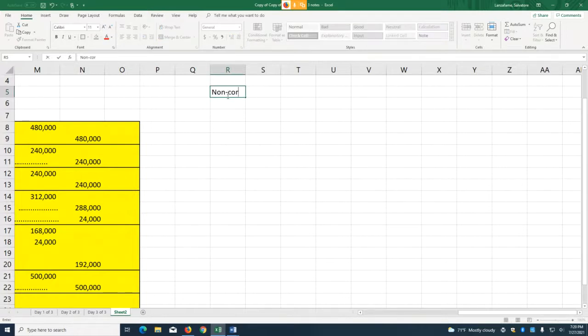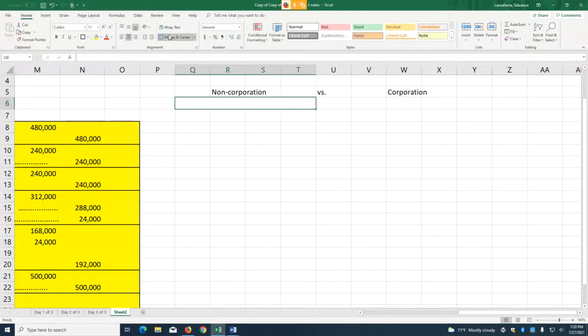Non-corporation versus corporation. You may remember, hopefully you do because you got to do it in your portfolio, the statement of owner's equity.